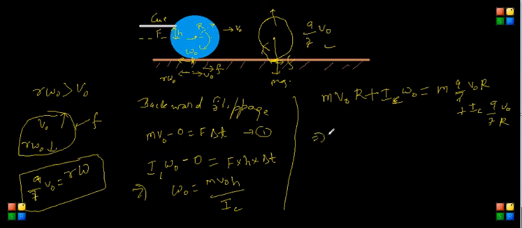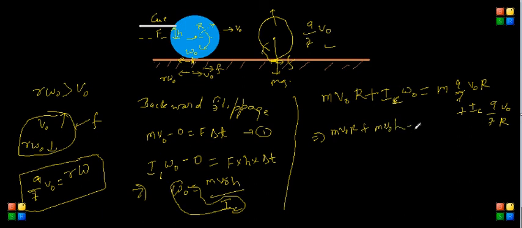Now I'm trying to write m v naught r plus I C omega naught, which I already know from above is m v naught h.